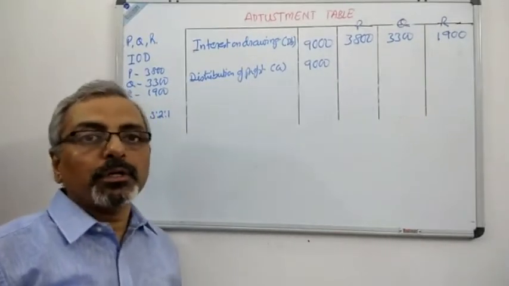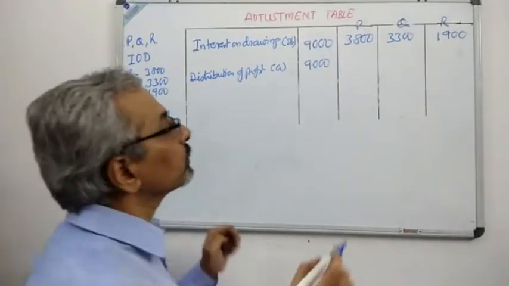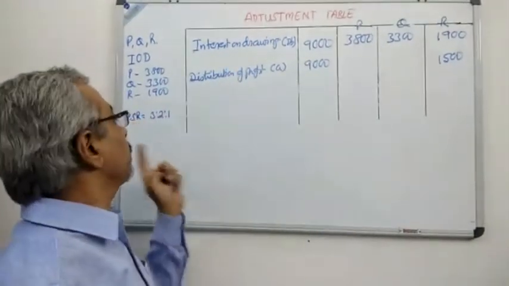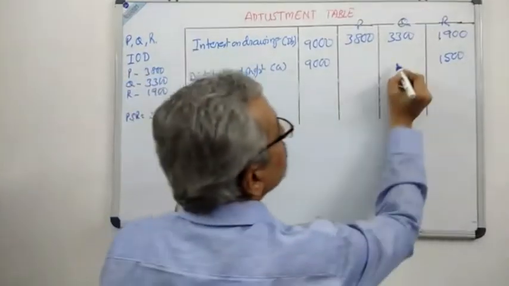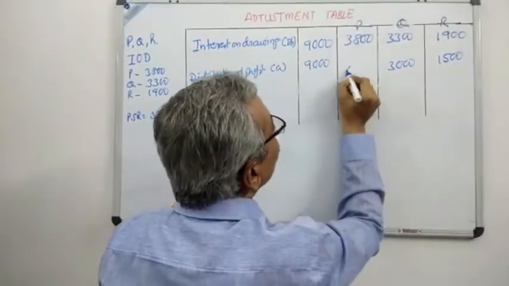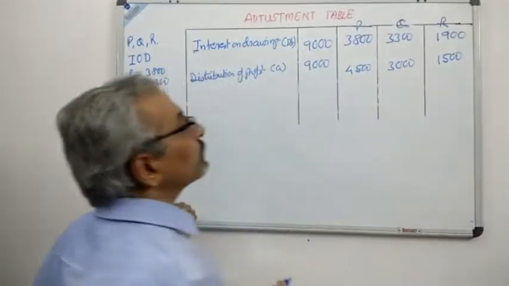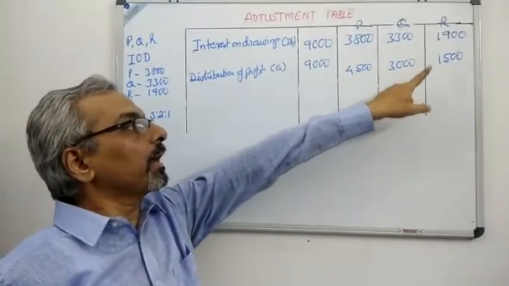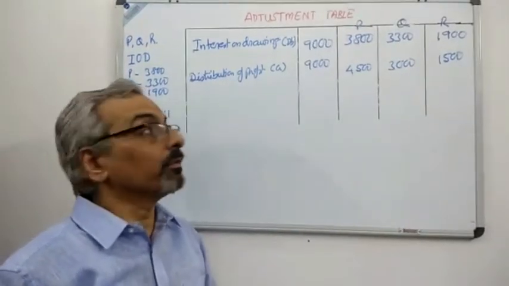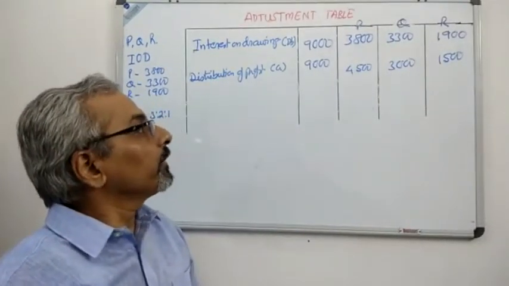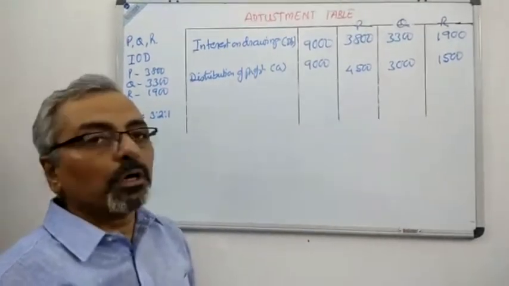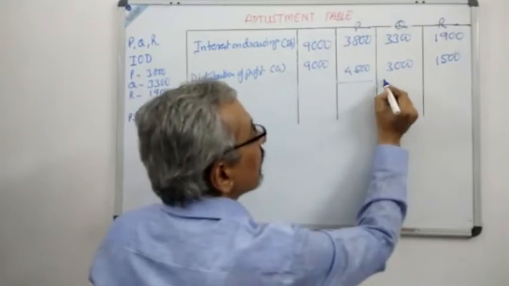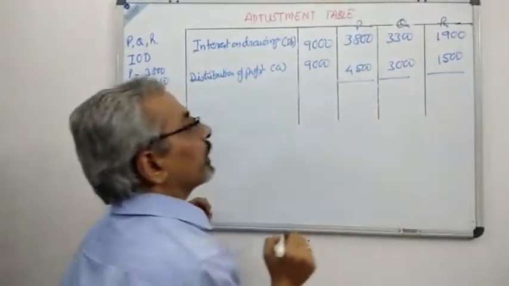So P will get 4,500, Q will get 3,000 and R will get 1,500. Please see very carefully. The credit amount should be over here 4,500, but it is only 3,800. So if we subtract that amount, we'll get how much more credit it should be.